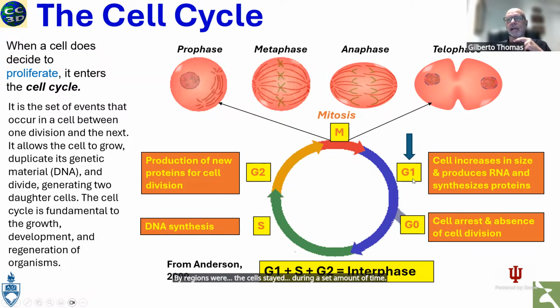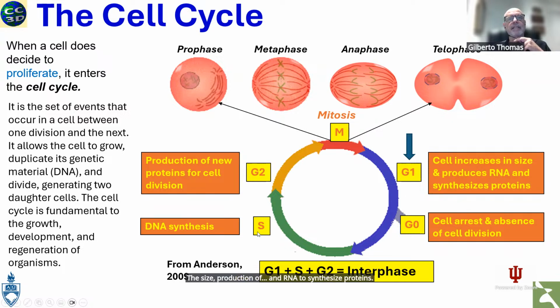And the regions are G1, S, G2, and M. G1 to G2 is called the interphase, the time when the cell starts increasing in size and producing RNA to synthesize proteins.